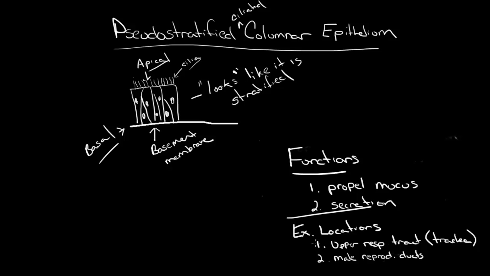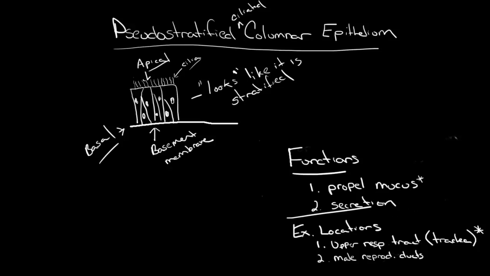They are ciliated. We have other places that are ciliated as well. As I would memorize this, I would memorize that the upper respiratory tract is a primary place to find pseudostratified ciliated columnar epithelium, and that its job is to propel mucus. It also does some secretion as well.